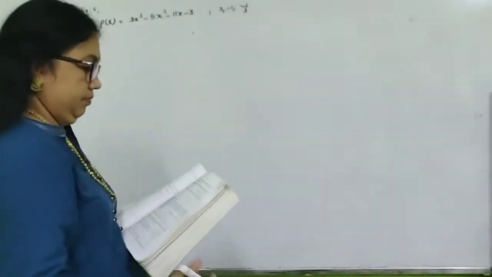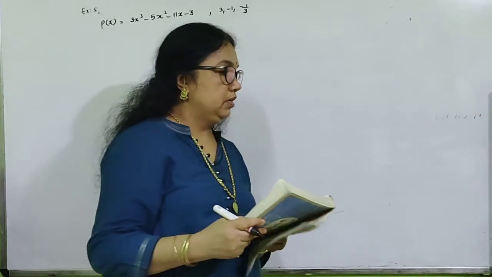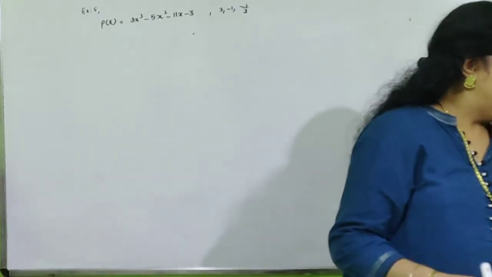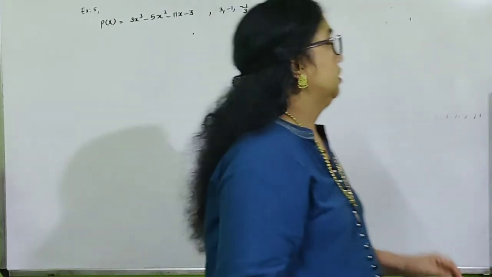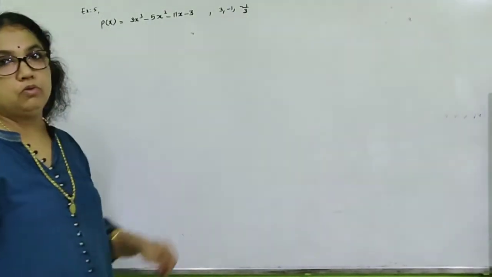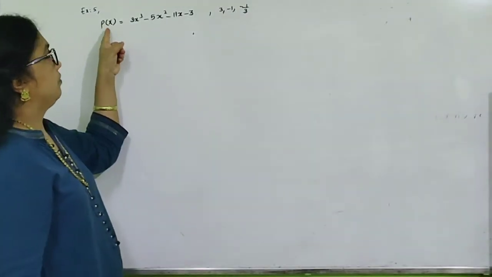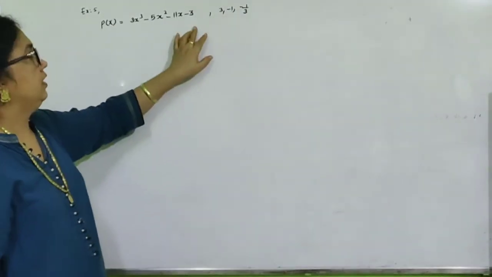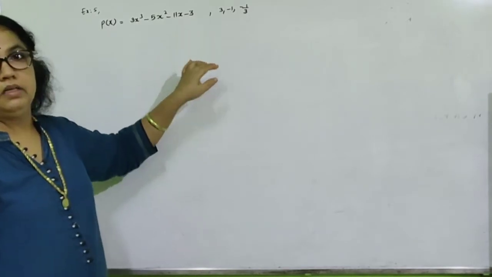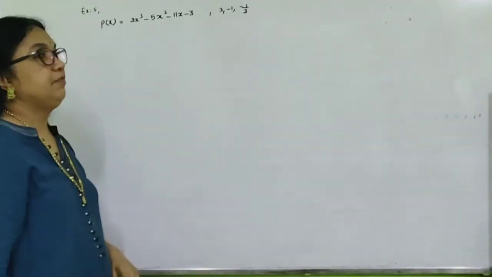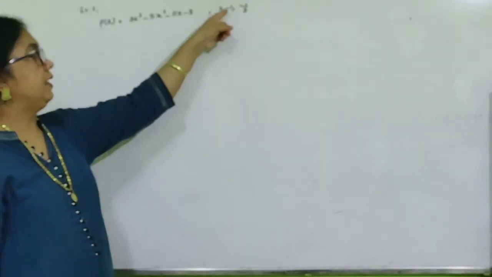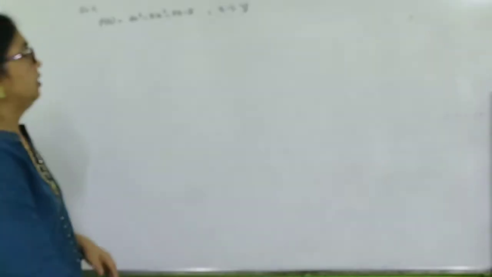How can we prove they are zeros? On substituting these values instead of x, if we get p of that value as 0, then they are the zeros.